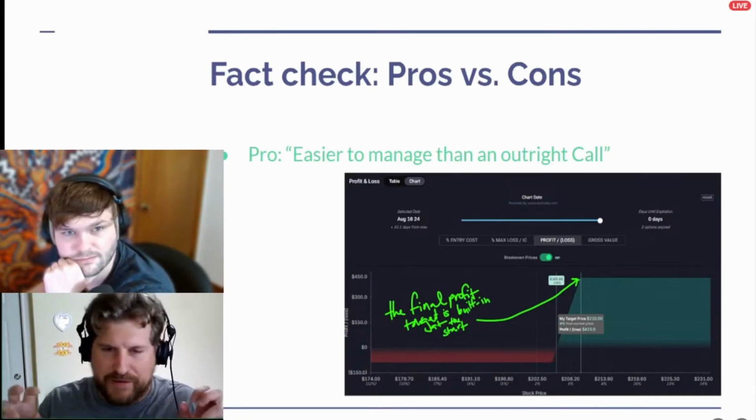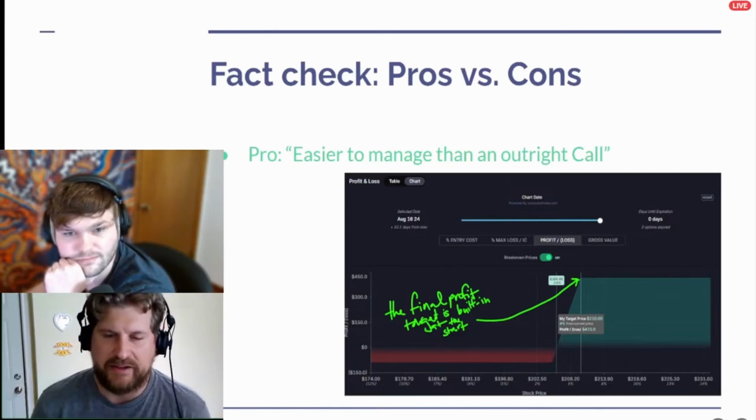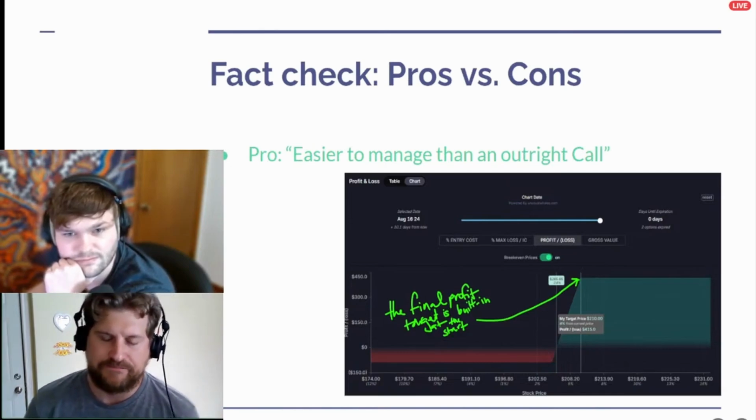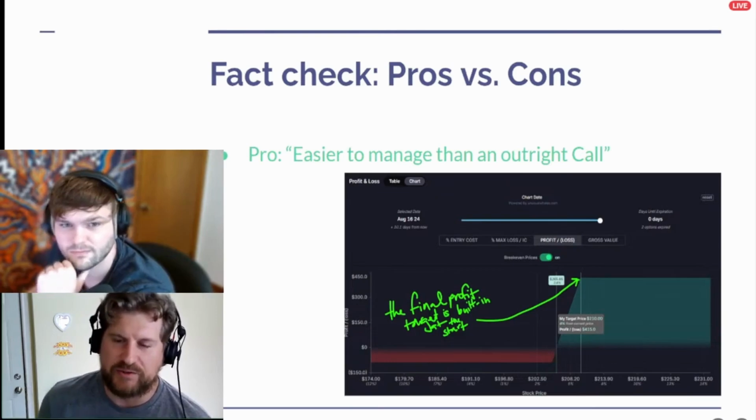Your vega P&L will be better as implied volatility dwindles as time goes on.